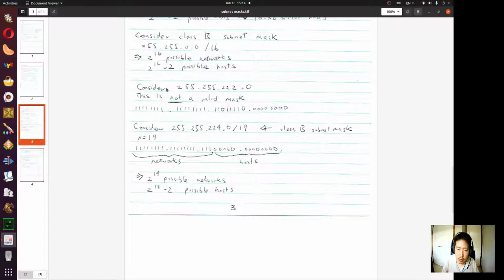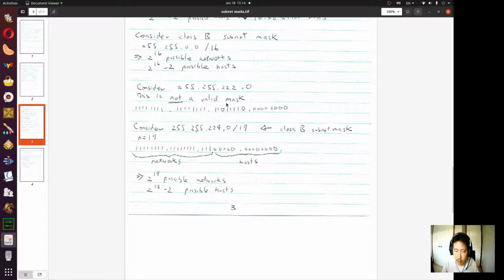Now pay some attention to this one. 255.255.222.0 is not a valid mask. You can see that if you convert it into binary. You can see that this is okay. Every bit is turned on. This is okay too.